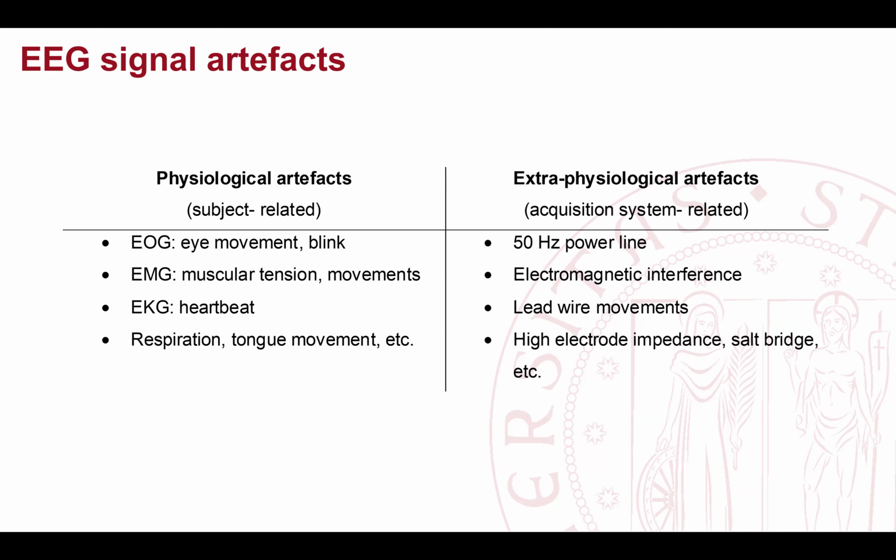There can be other specific extraphysiological artifacts, particularly for what is called mobile brain body imaging, which is the analysis of the brain activity while you move. The movement of the head produces very specific movement artifacts that you need to remove, and many others.